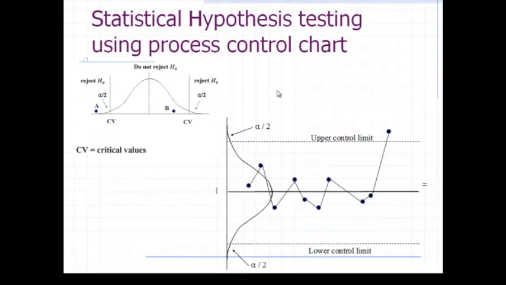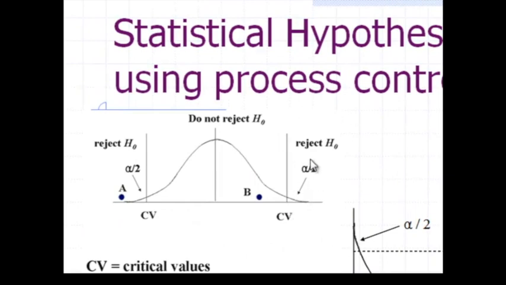So graphically, how we can use this is in the upper graph. You can see that given alpha error, particularly if it's a two-tailed test, you can set alpha over 2 error on the right side and alpha over 2 on the left side, and by using this, you can set up two boundaries, which in statistics are called two critical values.